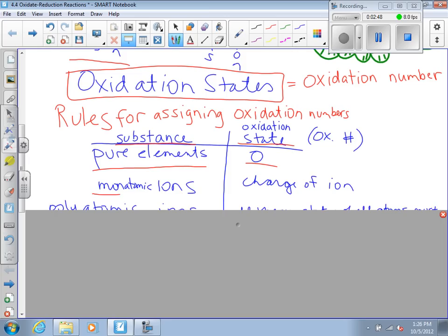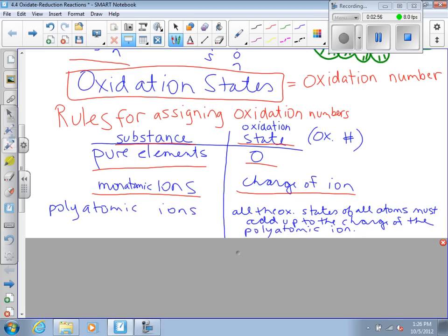For monatomic ions, single atom ions, the oxidation state is the charge of the ion. For polyatomic ions, now notice polyatomic, what does poly mean? That's right, it means many. So for polyatomic ions, the oxidation states of all the atoms in the polyatomic ion must add up to the charge of the polyatomic ion.